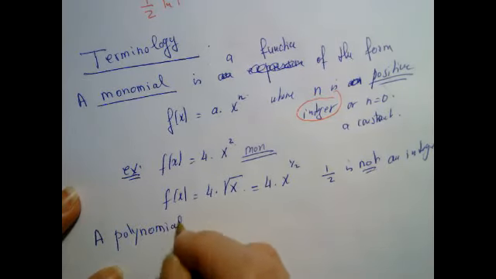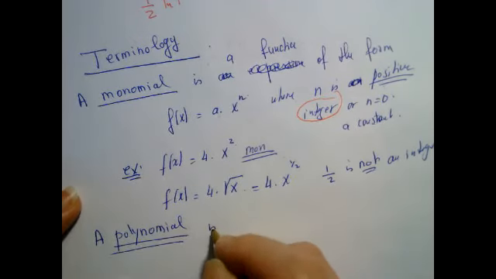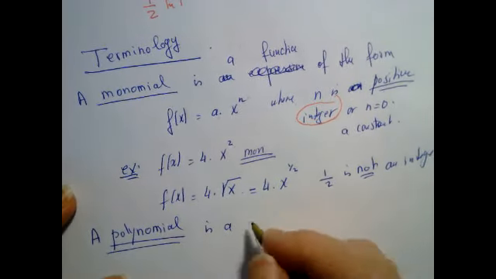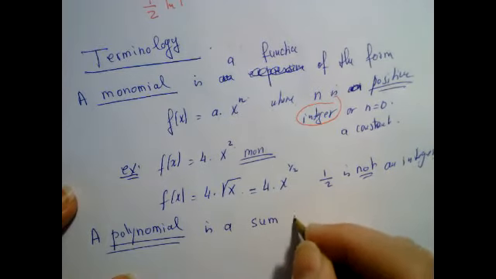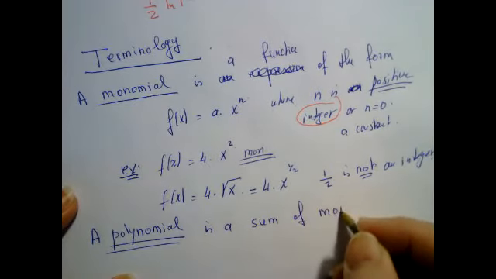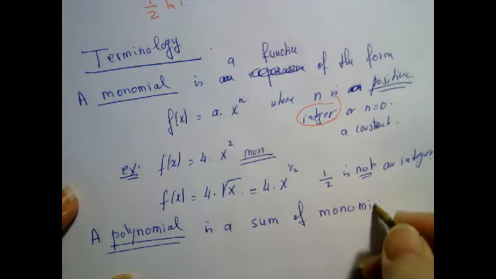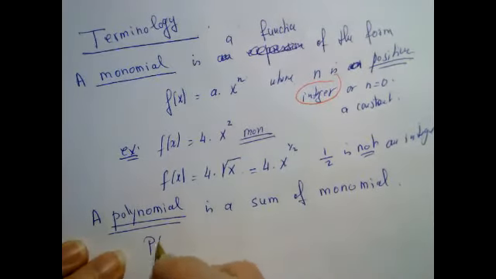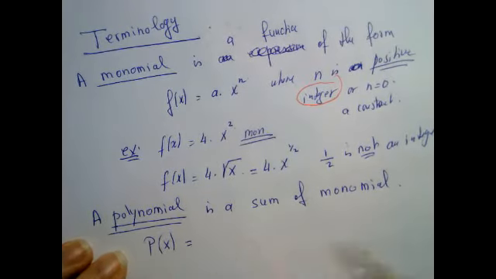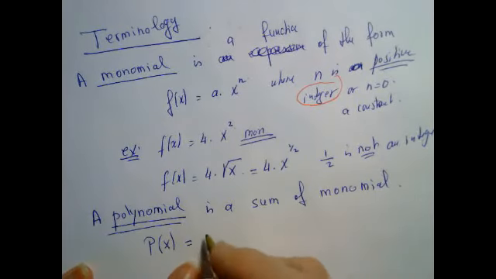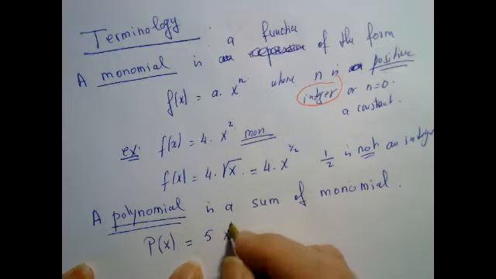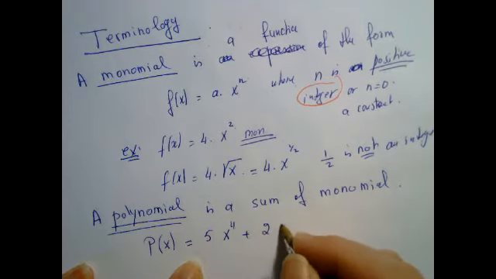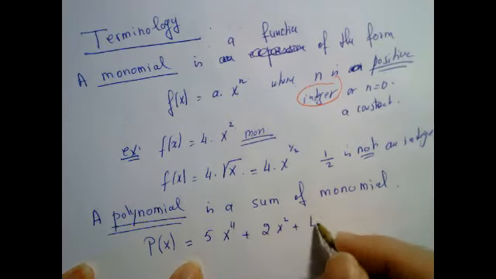So polynomials are a very specific type of function. An example of a polynomial: p of x, for example, let us say 5x^4 plus 2x squared plus 4.